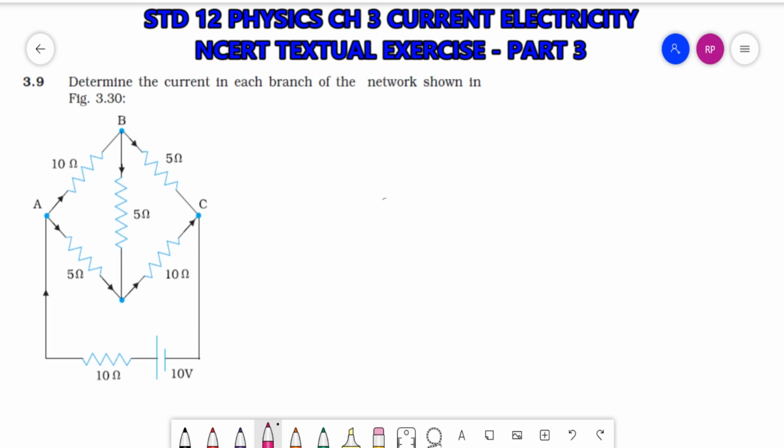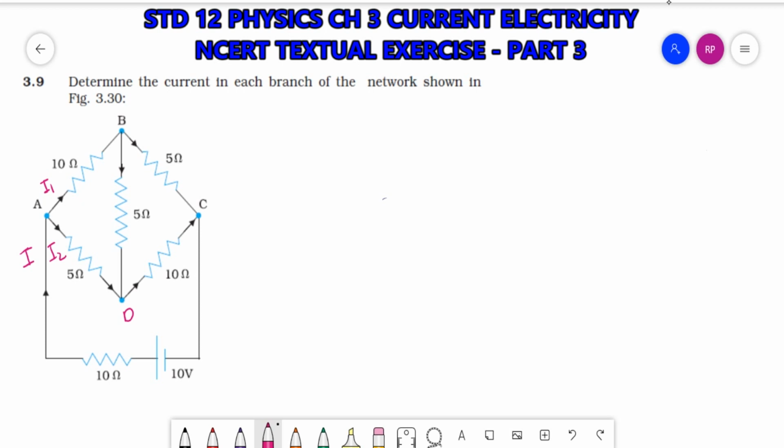So now let's say that the current entering is I. It splits up, in AB let the current be I1, and in AD, let's name this point D, in AD it will be I2.